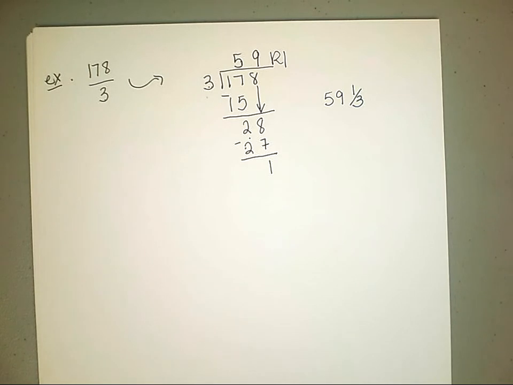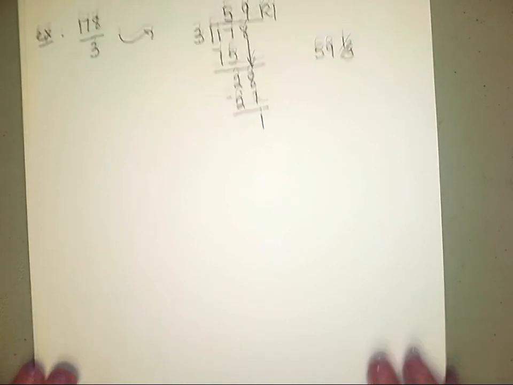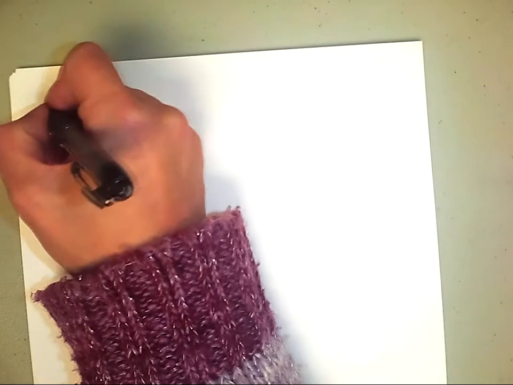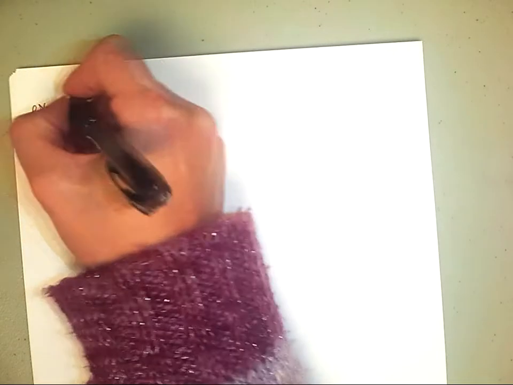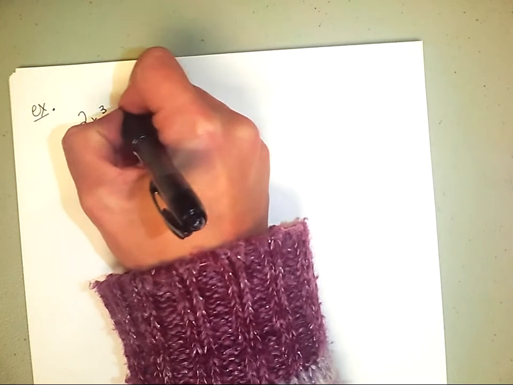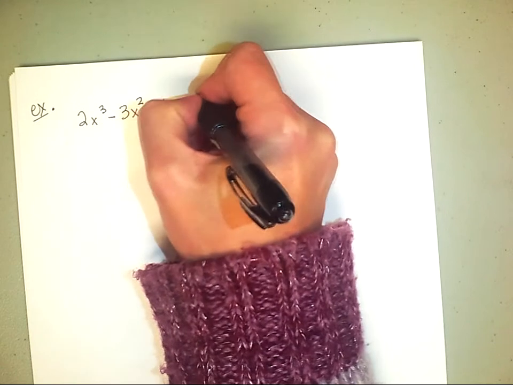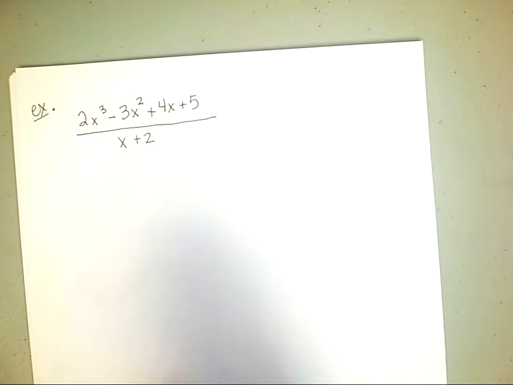So now, let's do the same idea, but using polynomials. I'm going to leave this off to the side so we can remember where we're at. Let's say we have to take 2x cubed minus 3x squared plus 4x plus 5 and divide it by x plus 2.